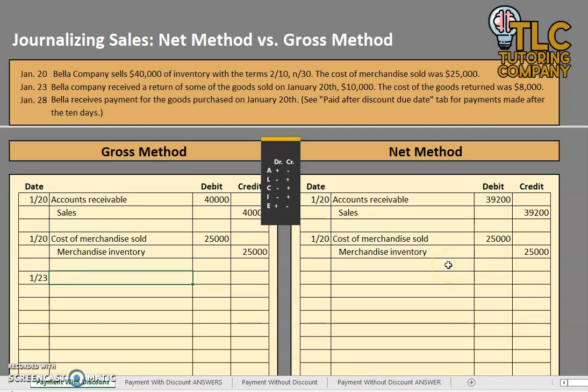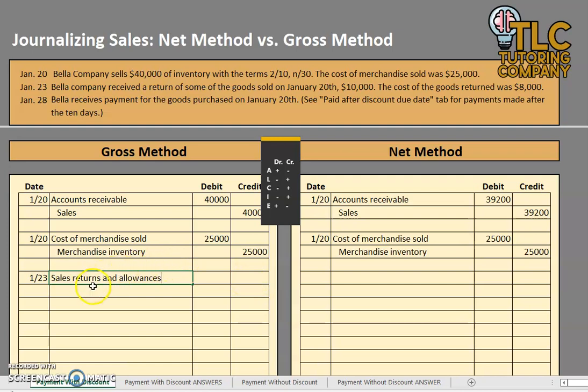The first thing I usually say when there's a return is consider what you did previously when it comes to your debit and credit accounts. You're essentially going to be flipping what you did before, except for one special little item that we're going to do here to sales. So instead of using sales, we're not going to decrease sales. We're actually going to increase an account called sales returns and allowances.